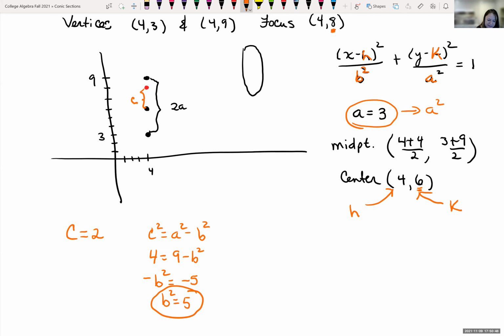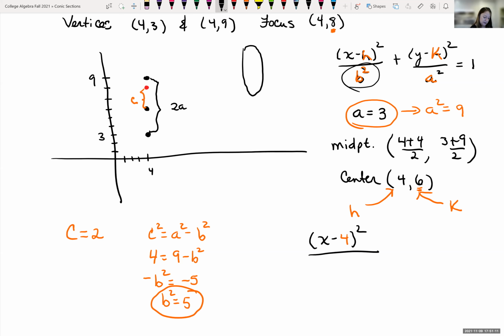We need to figure out what a squared is. a squared, 3 squared is 9. So now we have our equation. We have x minus h, but h is 4, quantity squared, all over, actually it's elongated with the y-axis, I'm sorry.